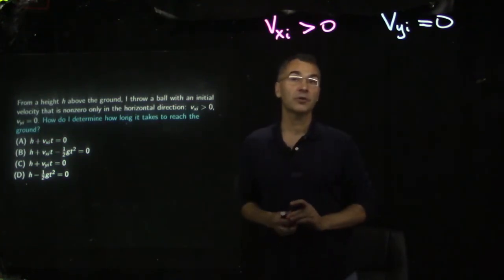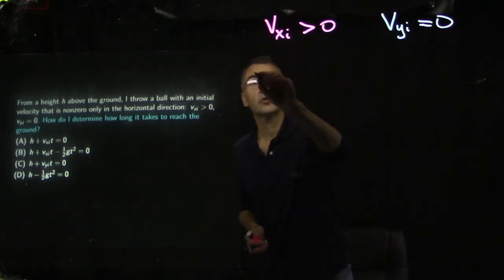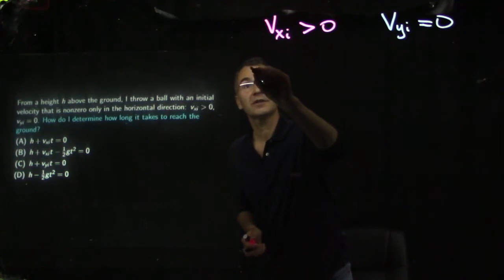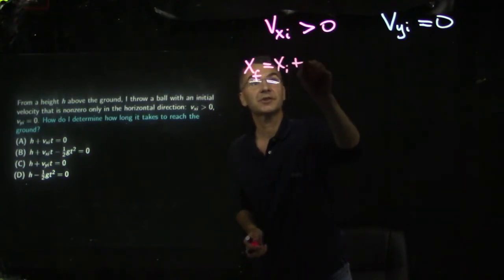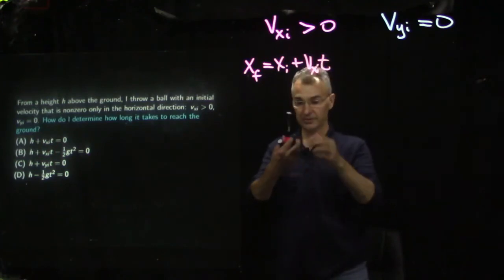So I guess we have constant velocity in the horizontal coordinate. So we seem to have x final is x initial plus vx initial t. That's not telling us anything about the vertical motion.